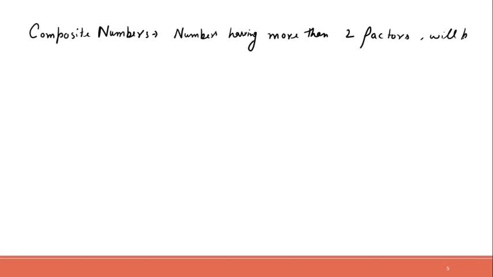Composite numbers: numbers having more than two factors will be called as composite numbers.